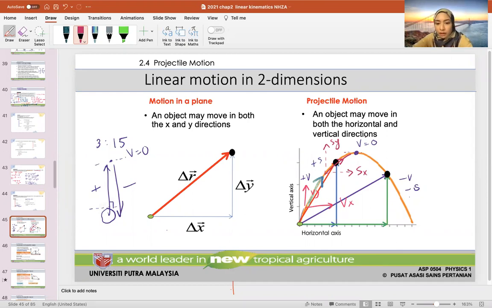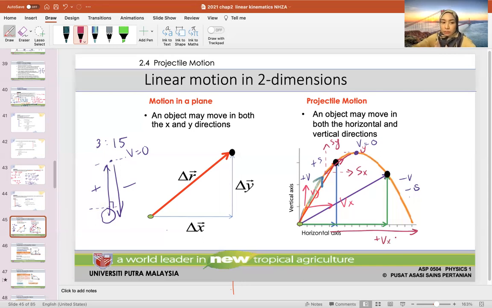Therefore, your Vx, bayangkan your Vx, you're throwing the basketball, the X direction of that ball is always positive, but your Y direction is, first it was positive and then it went down, it's negative, right? So in this case, the V that is equal to 0 here is Vy, it's not Vx. Vx is always positive. Vx cannot be 0 because Vx is always to the right.